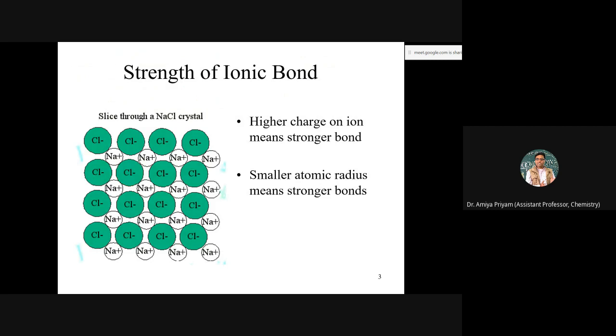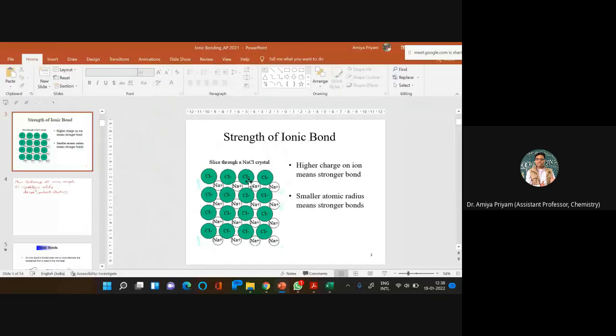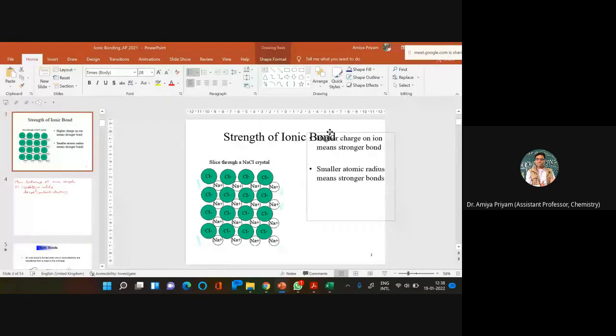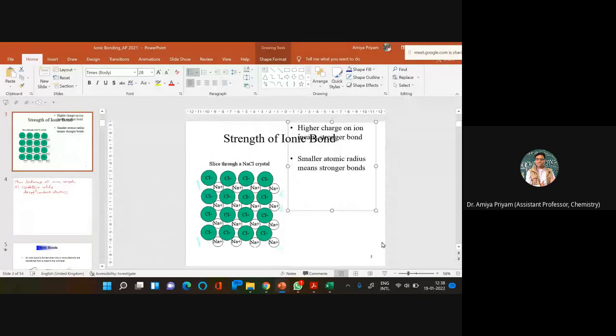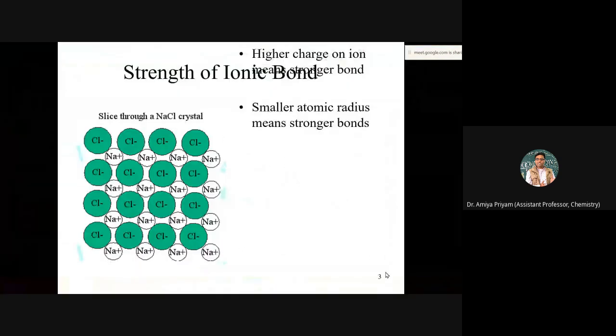I may just rub it off. So this is the case. So now if I start from here, this is a crystal arrangement, Na plus, Cl minus.